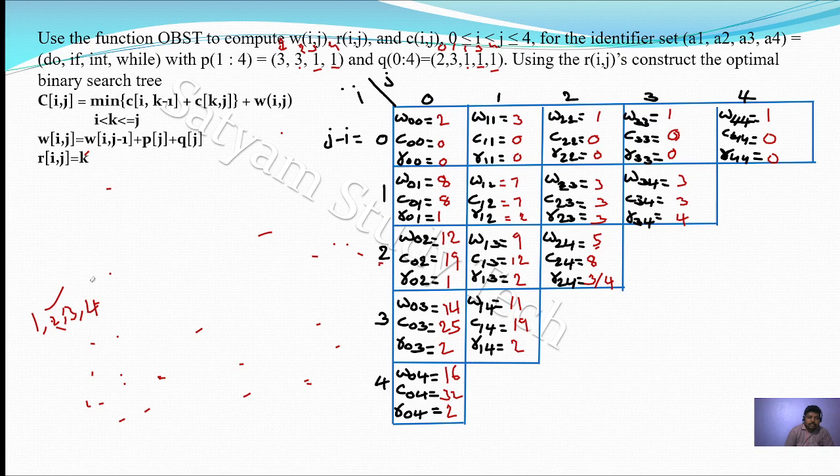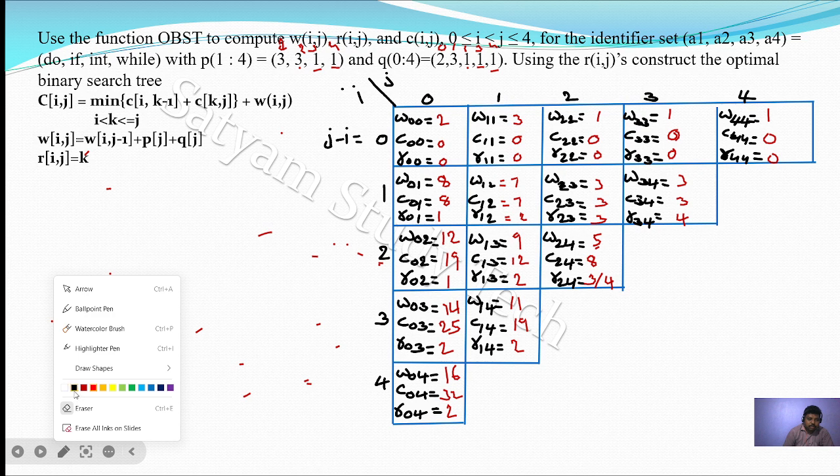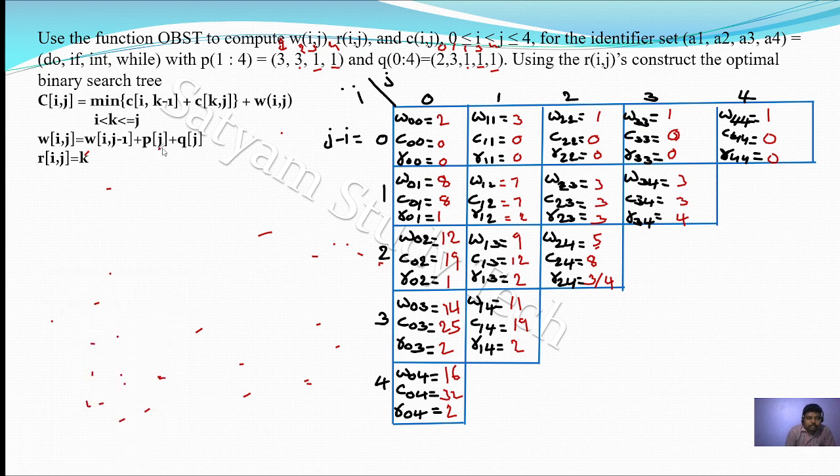This is the last step. Now you can see what the formula is.